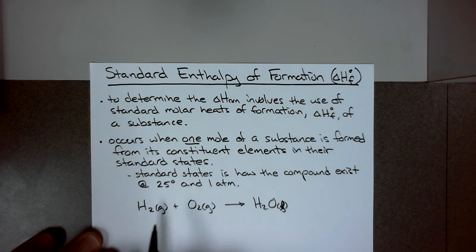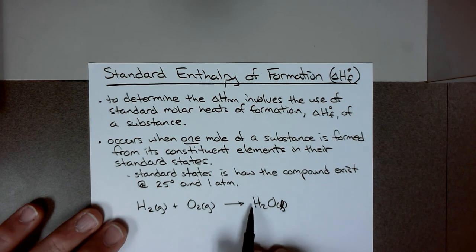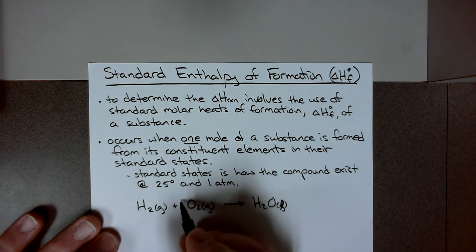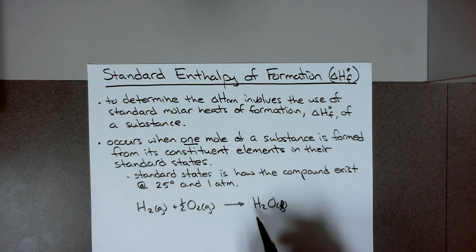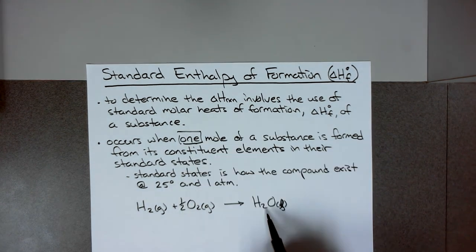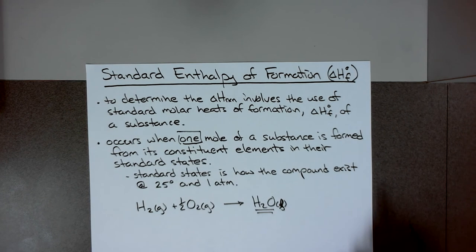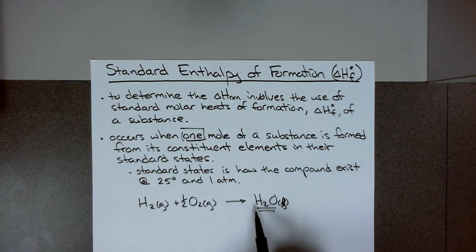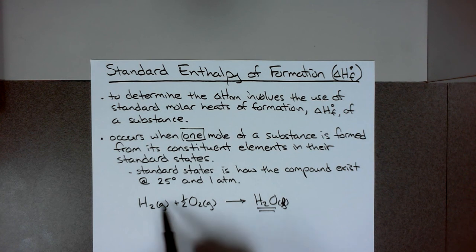And normally to balance this you would write a 2 here and a 2 here. But we have to remember we want 1 mole of the compound, of the substance. So in order to have 1 mole here, I had to cut everything in half. So that's where the half a mole comes from.